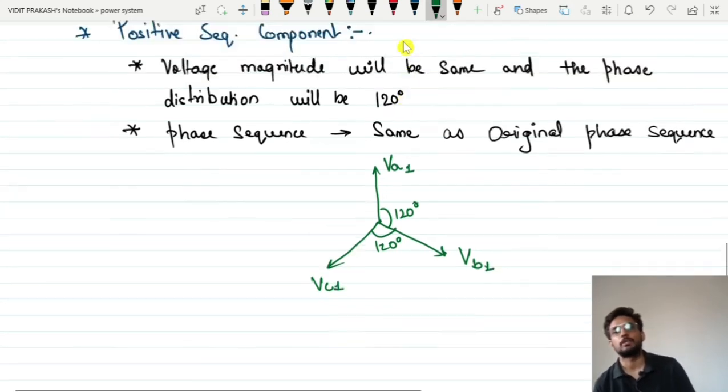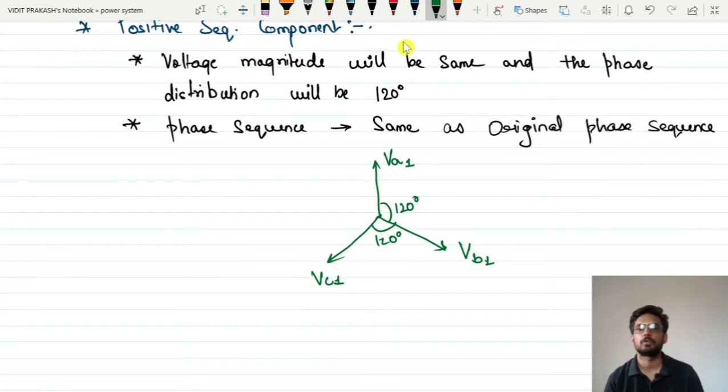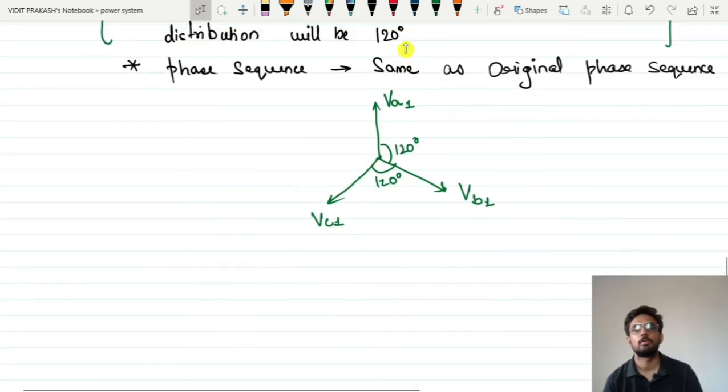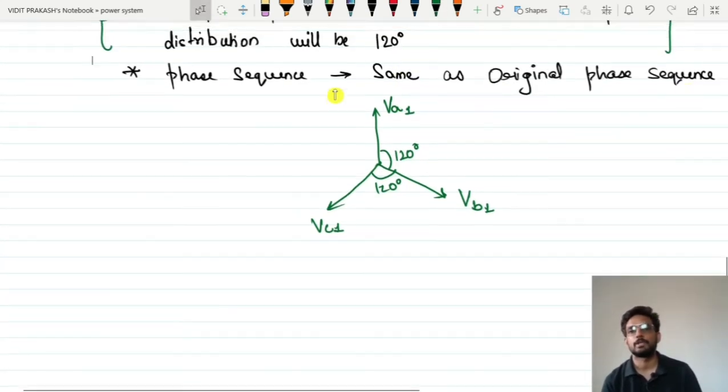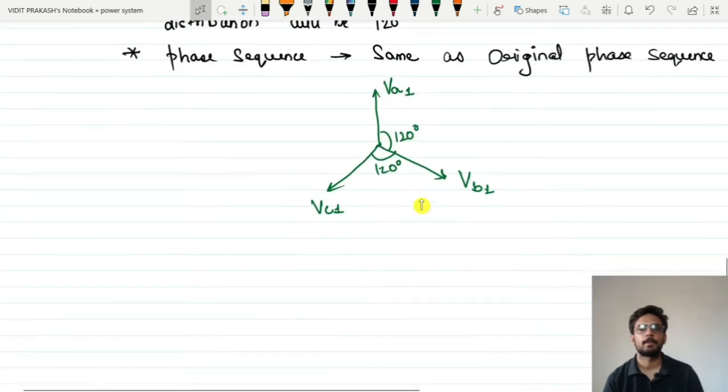Okay, so the magnitude will be same. Since it is a symmetrical component, your magnitude will be same and the phase distribution will be 120 degree. Now the phase sequence will be same as the original phase sequence, that is A, B and C.